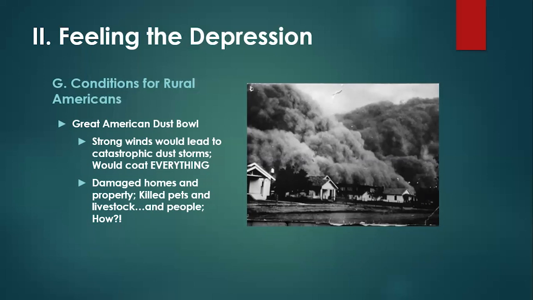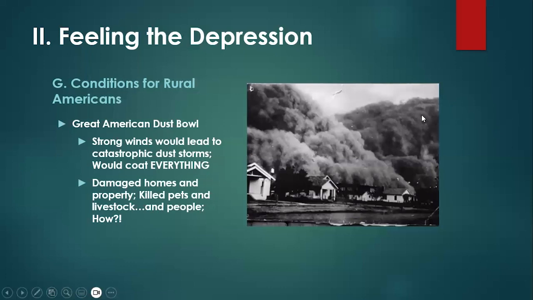And you may be wondering, how does a little dirt kill animals and people and destroy property? Well, look at how much dust we're talking about here. I've heard people who have been through dust storms while serving in the Middle East describe it as everything just goes dark. And then you have to find a place where you can safely breathe. Because one thing you need to keep in mind is if you're breathing in while all this is flying through, you're breathing in all that dust, all right?